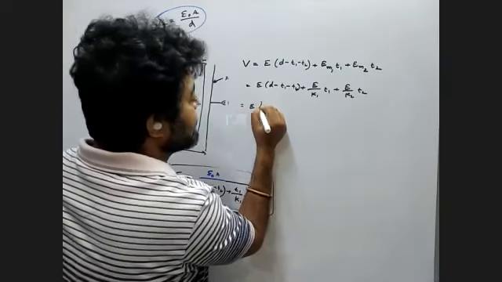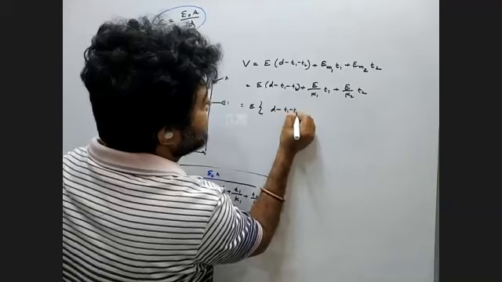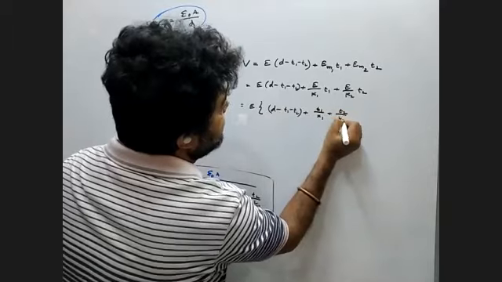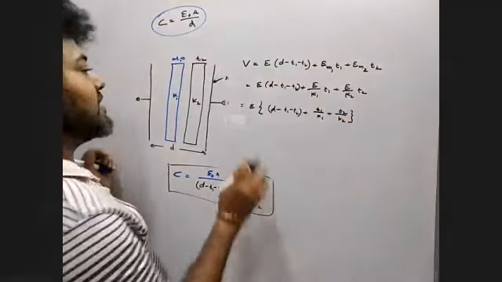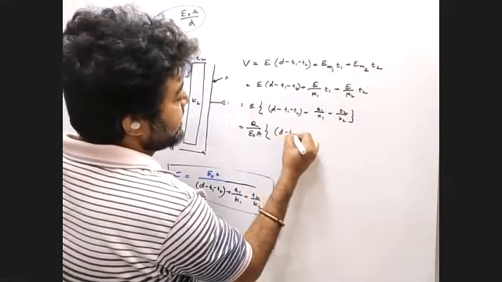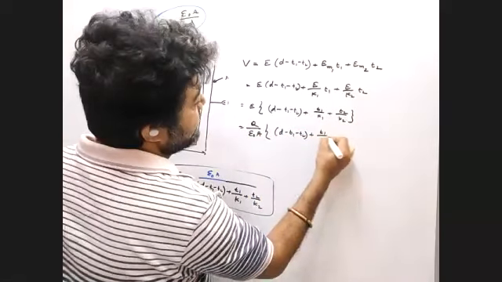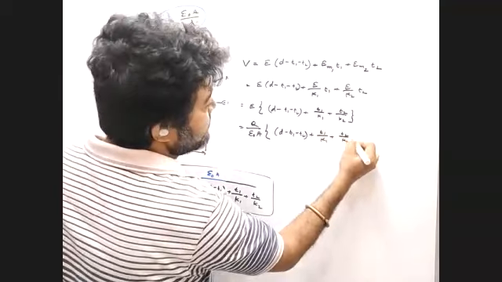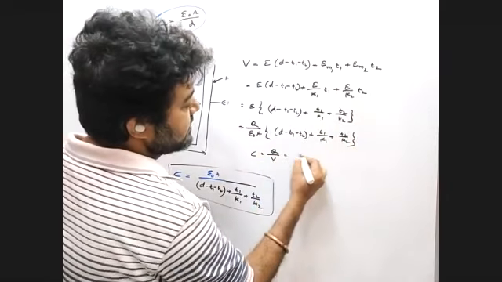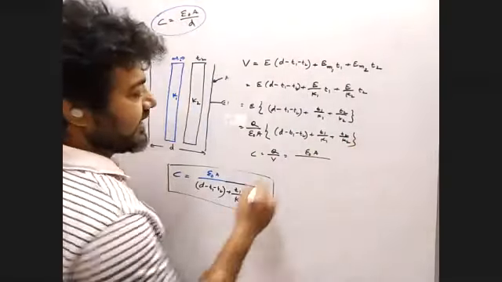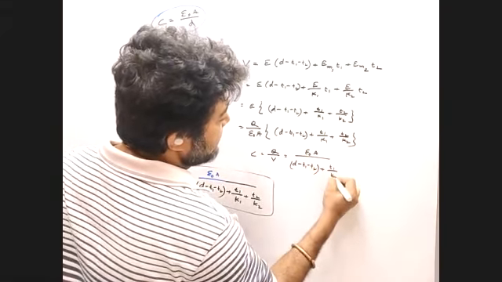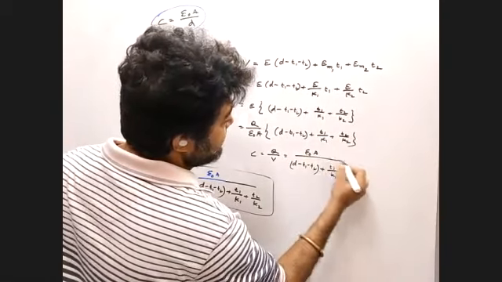If we take E common, D minus T1 minus T2 is one part, T1 by K1 plus T2 by K2 is the second part. Now we know E is Q by epsilon naught A, so V is Q by epsilon naught A times D minus T1 minus T2 plus T1 by K1 plus T2 by K2. Since Q is CV, C is Q by V, that is epsilon naught A divided by this whole part: D minus T1 minus T2 plus T1 by K1 plus T2 by K2.